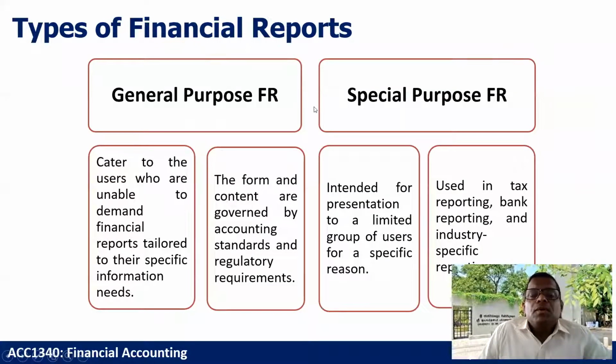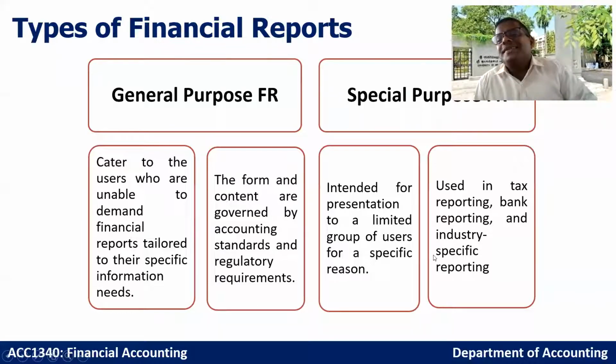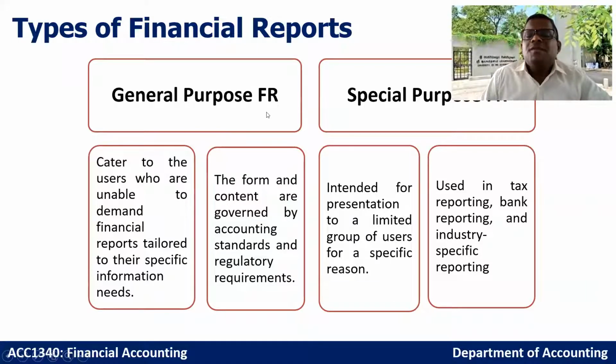Type of financial reports: we basically have two types of financial reports. For this particular financial accounting course, we categorize general purpose financial reporting and special purpose financial reporting. Special purpose caters to users who are able to demand financial reports tailored to their specific information needs.